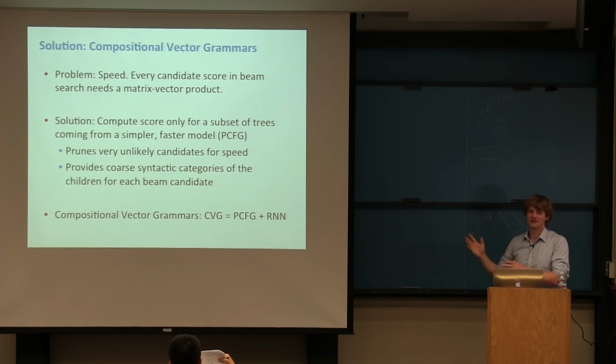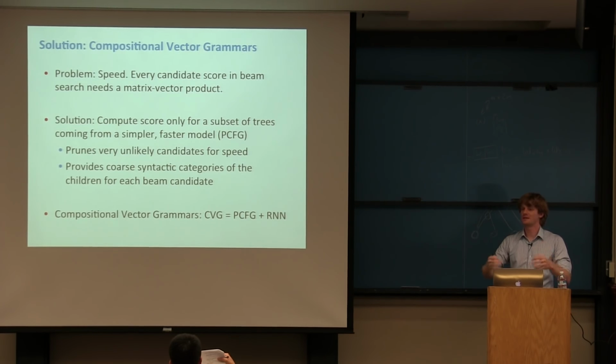And this, in our case, will be a very simple, fast PCFG model. Don't worry if you don't really understand PCFGs. If you've taken 224, good for you. If not, let's just assume you have some oracle that gives you, for each sentence, 200 or so candidates of what could be the right structure.